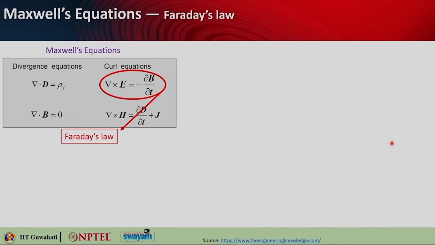The third one is called Faraday's law. This is one of the first two equations that connect E and B. E is a conservative field, which you have to keep in mind, in the absence of a magnetic field, or when the magnetic field is constant in time.